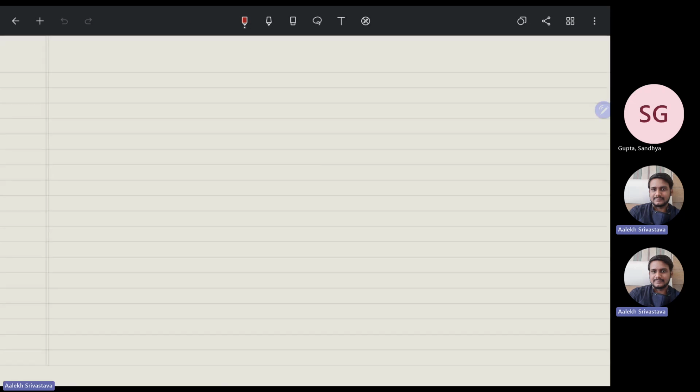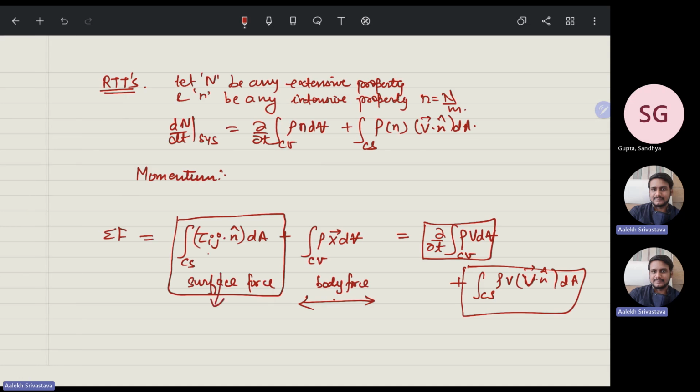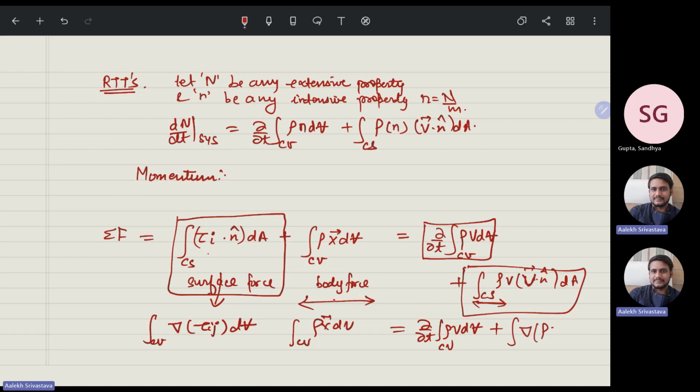So if I use the Gauss divergence theorem at this point, the surface term tau ij dot n cap dA becomes the control volume integral of the divergence of tau ij dV. The body force term remains the same, rho x dV, and the temporal term rho v dV remains the same, while the convective term will change to the divergence of rho uv into dV.